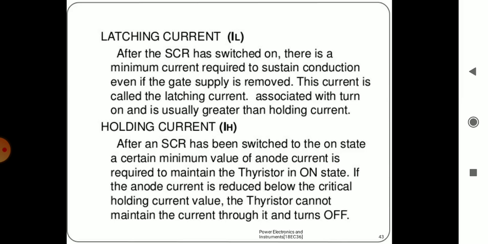That is nothing but the latching current. After the SCR has been switched to on state, a certain minimum value of anode current is required to maintain the thyristor in on state. If the anode current is reduced below the critical holding value, the thyristor cannot maintain the current through it and turns off.